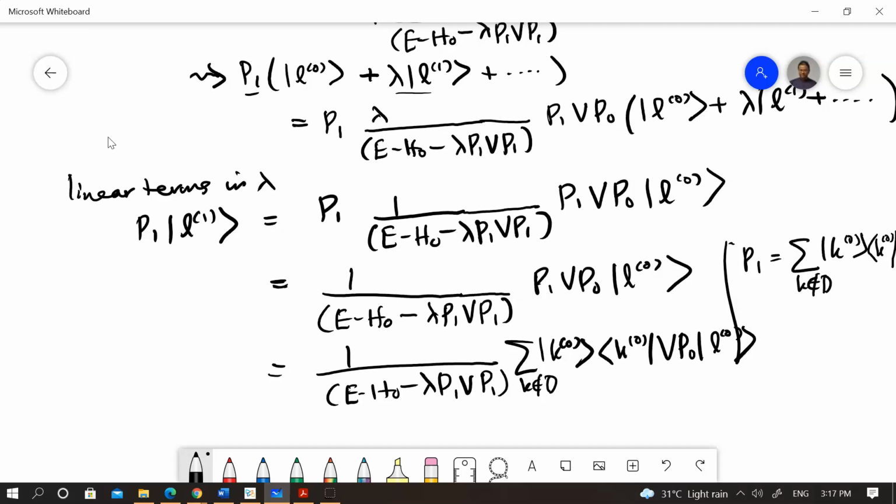But l naught is already in the degenerate subspace, so I can remove the P naught there. So let me just remove that. Okay, so that becomes l naught, because P naught l naught is just l naught. l naught is in the degenerate subspace. So now what we have here is already the matrix element. The only thing that we need to worry about is the denominator here.